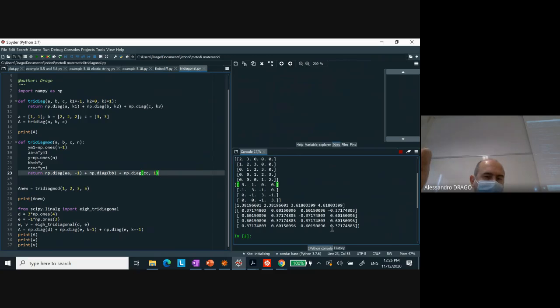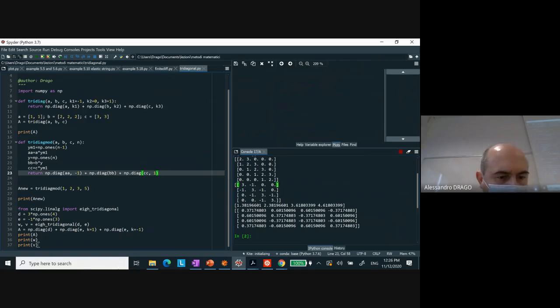I can of course invoke a generic algorithm computing eigenvalues and eigenvectors for whatever symmetric matrix, but it would be much slower. The number of operations that this program is performing is significantly lower than in the general case.